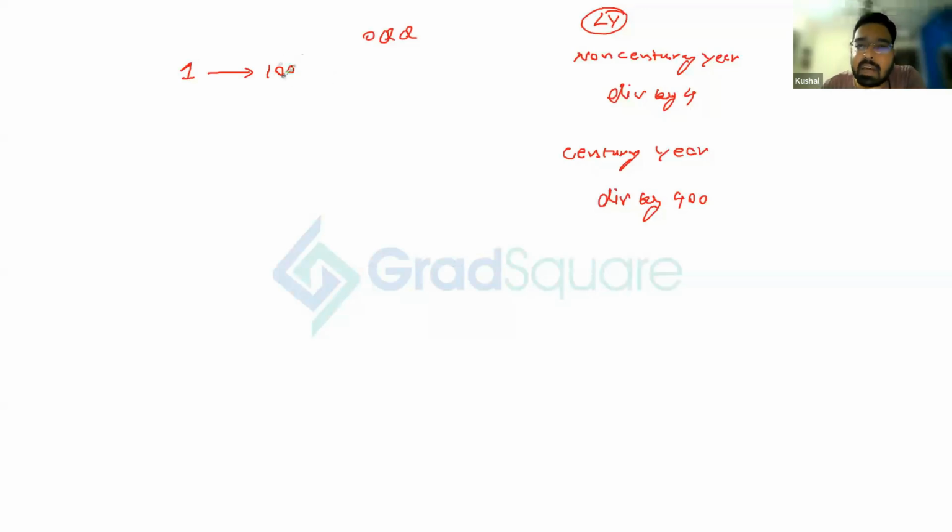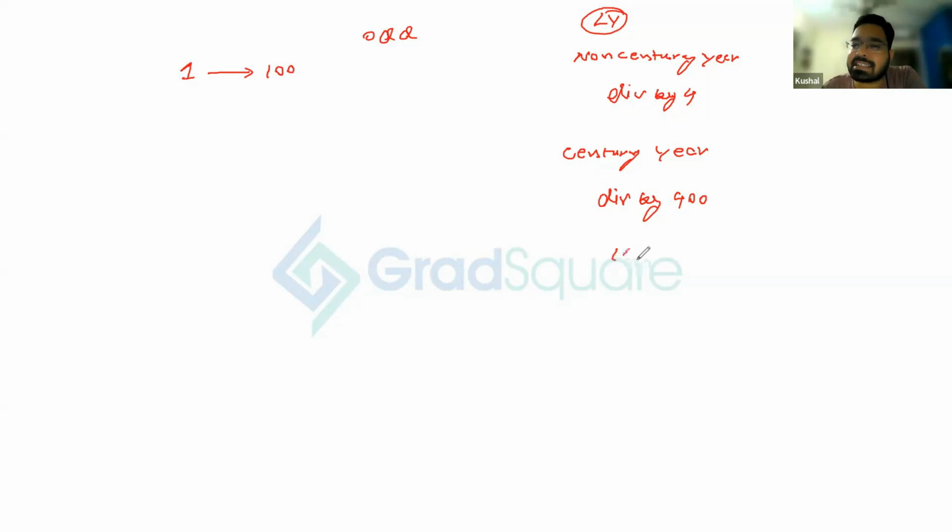So can you tell me, will the 100th year be a leap year or a normal year? Instead of calling it a normal year, non-leap year is what I should call it. So it should be a non-leap year. Clear?